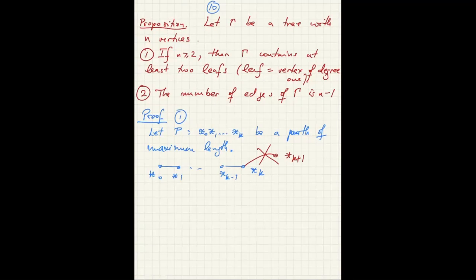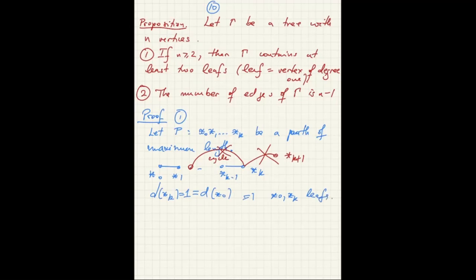And if xk has a neighbor back on this path, then we get a cycle, so that cannot happen. Therefore, the degree of xk must be 1, and the degree of x0 must also be 1. So these are the leaves. So x0 and xk are leaves.